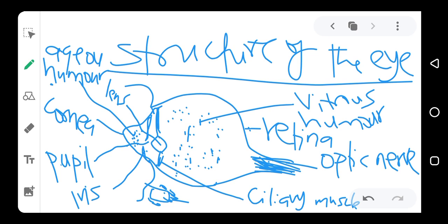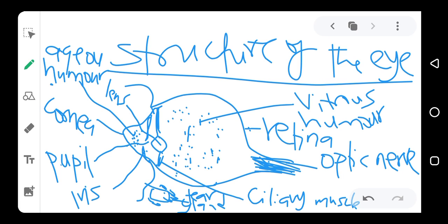Now this aqueous humor contains nutrients that nourish both the aqueous humor and vitreous humor. They contain nutrients that help to nourish the eye, and they also contain oxygen.